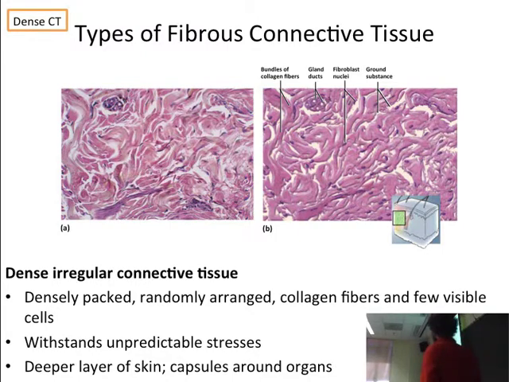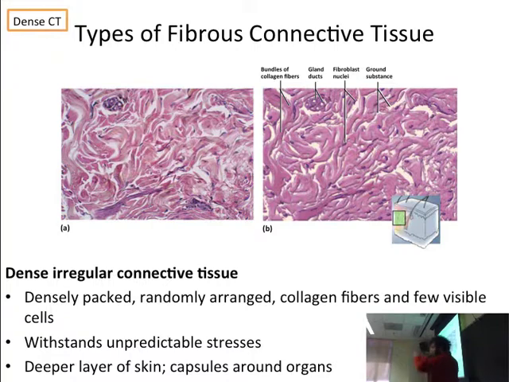Another type of dense connective tissue is dense irregular connective tissue. So, also very densely packed cells with lots of collagen and very few visible cells. However, it's not resisting force in a single direction.